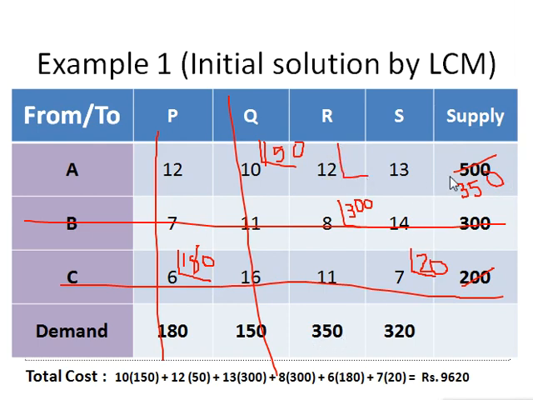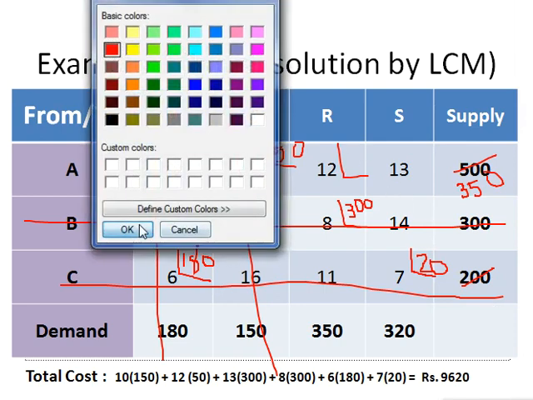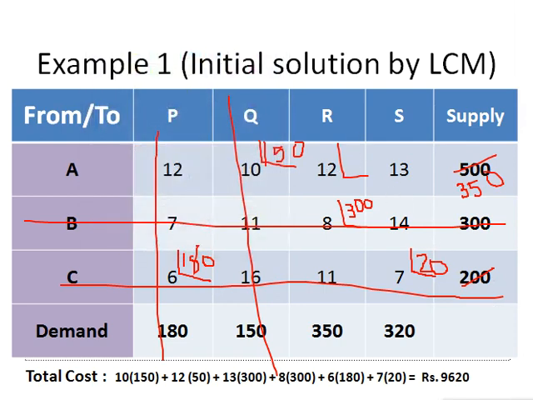Demand is 350, so the remaining demand is 50 only. So you can allocate 50 here, and this is satisfied. Now the remaining value is only this one.